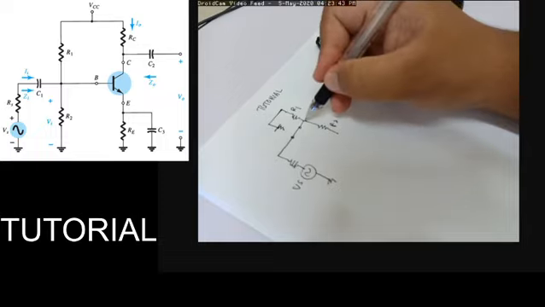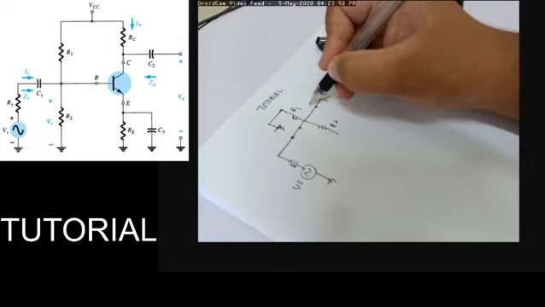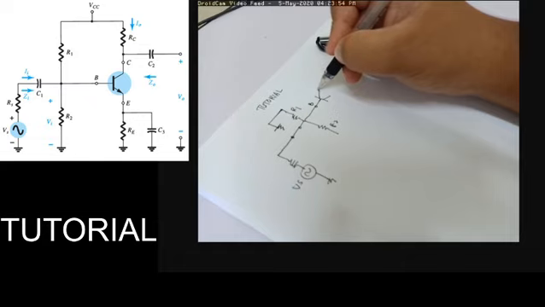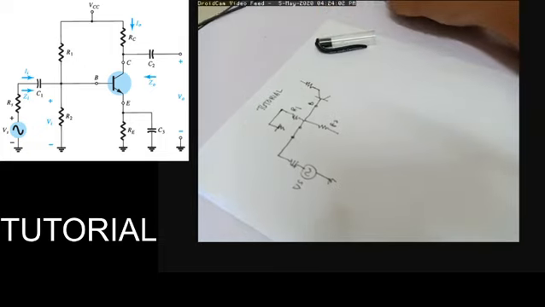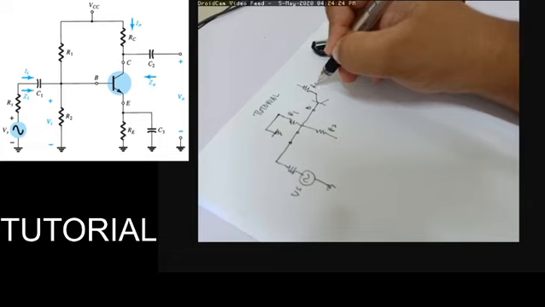At the base side, we already know this is the base, and this is the collector. So we continue. We have RC here.